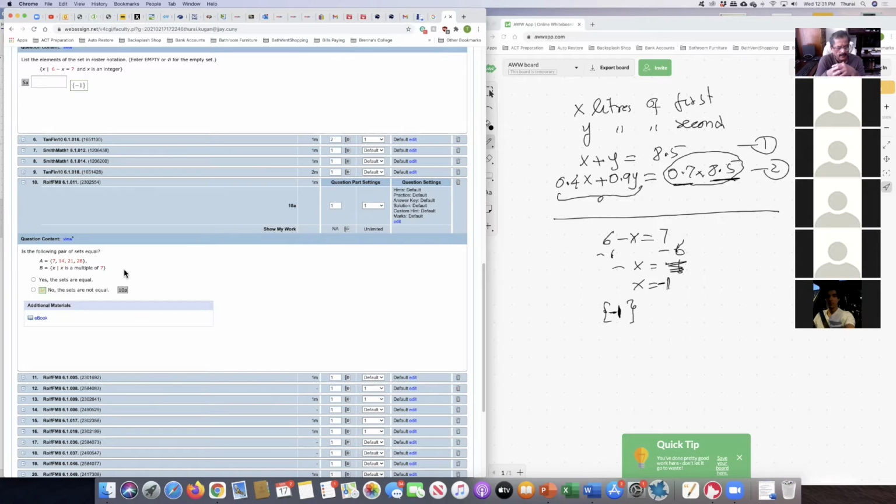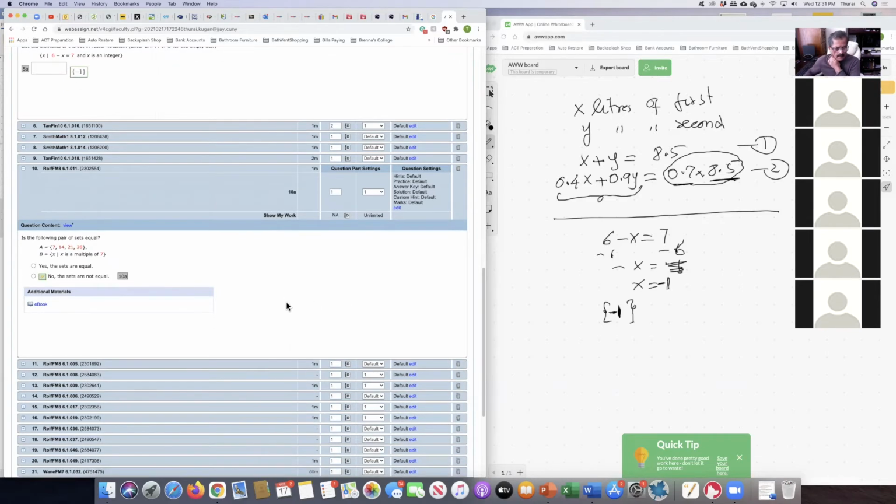But A has only a few numbers that are multiples of 7. So they're not equal. A is a subset of B is true. Everything in A is a multiple of 7, so it will all be in B. But B has more elements than A, so they're not equal. Okay, got it. Thank you.